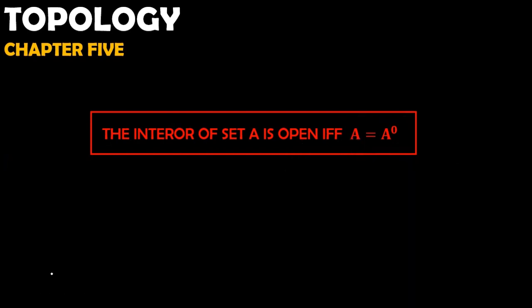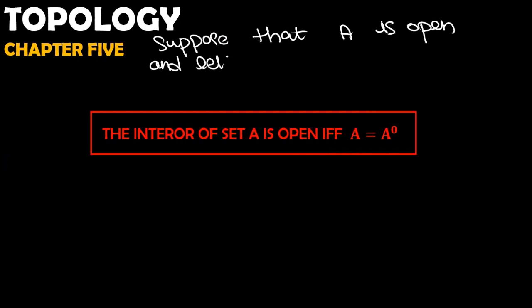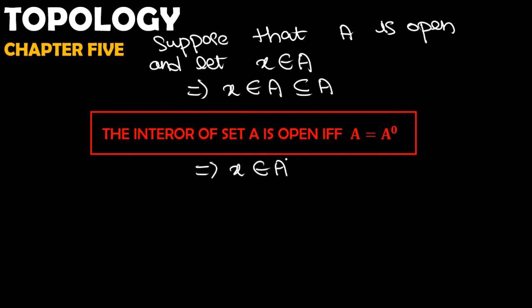So we are going to prove this theorem: A interior is equal to A if and only if A is open. Let's suppose that A is open and let x belong to A. As every set is a subset of itself, this implies that A is a subset of A interior.